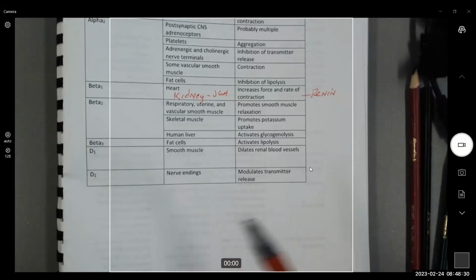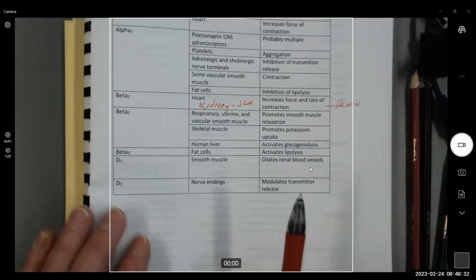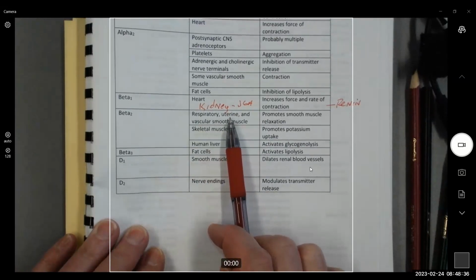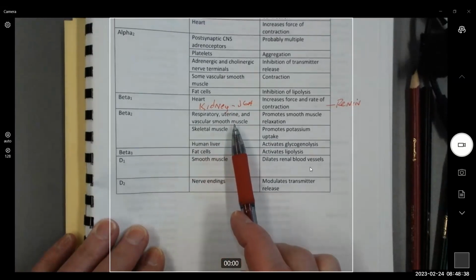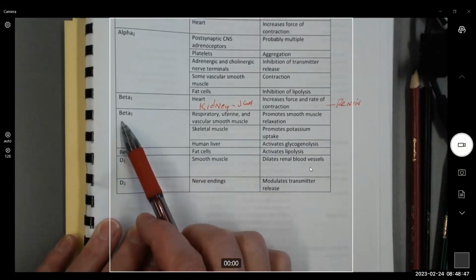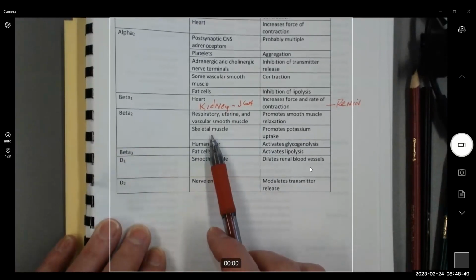Beta-2 receptors, they are found in respiratory, uterine, and vascular smooth muscle in places like skeletal muscle. So this is a reason why exercise increases blood flow to skeletal muscles.